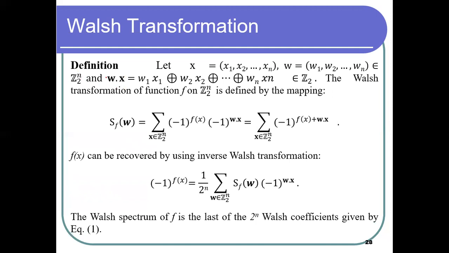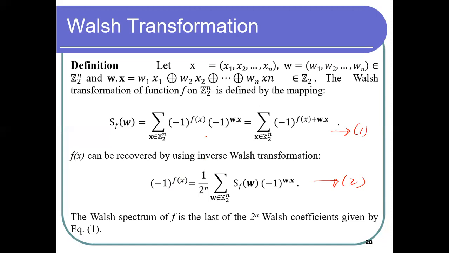We can take the dot product of these, which gives the linearity between w and x, again belonging to Z2. The Walsh transformation of a Boolean function on the binary vector space is defined over here. The inverse transformation of this is defined over here. If this is equation 1 and this is equation 2, then this is the inverse Walsh spectrum.